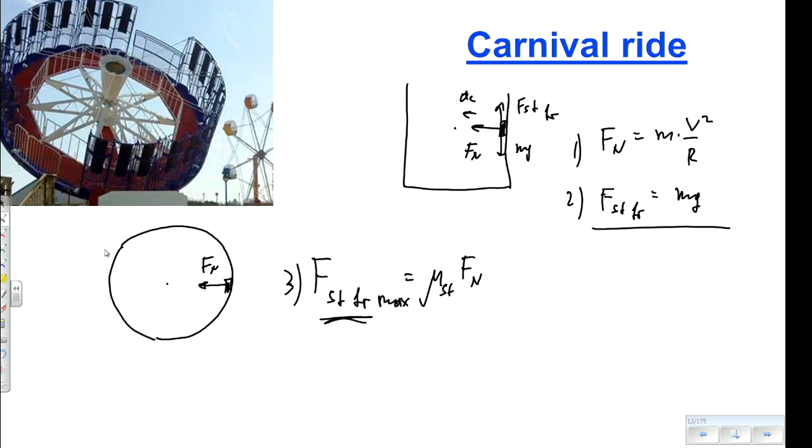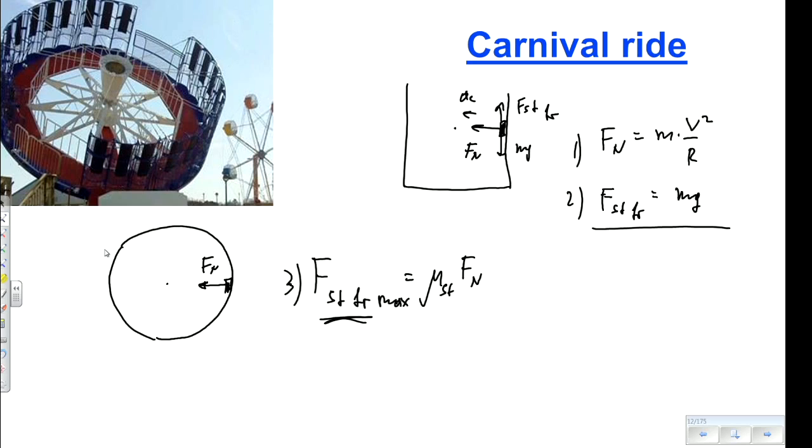But if we start moving it slower and slower and slower, the normal force becomes smaller and smaller. That means maximum value of static friction becomes smaller and smaller. And when maximum value is less than gravity, that means actual value also is less than gravity. Actual friction cannot prevent you from sliding anymore.